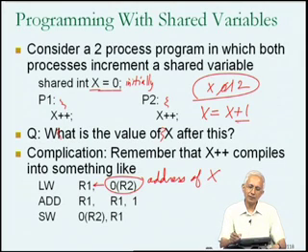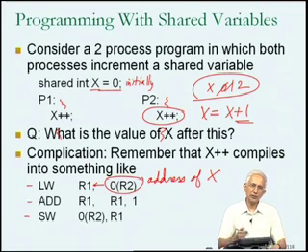Subsequently, I increment register R1, and finally I update the variable x using the store word instruction. If the processor on which these 2 concurrent programs are running is a MIPS 1 processor, then it's going to compile into this sequence of 3 instructions.